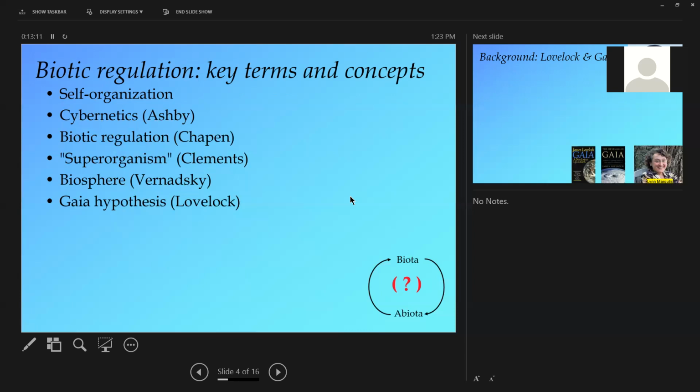It's actually pretty straightforward to develop a simple model that demonstrates at least ways in which a biological system could be self-regulatory.